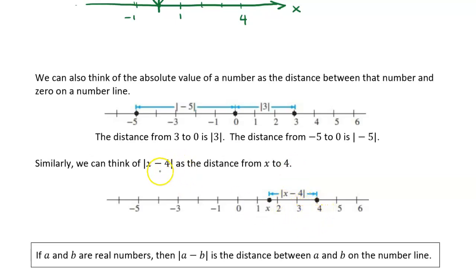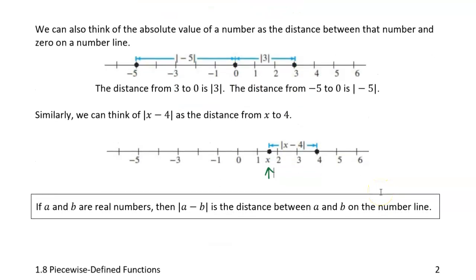So for example, if we have x minus 4, then that's the distance that x is from 4, right? So in this case, it looks like this value right here is less than 4. If we took the difference, x minus 4, it's going to give us something negative, and we make it positive, and that gives us the distance that x is away from 4.